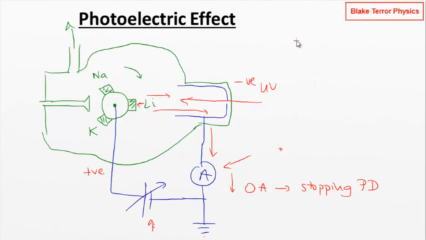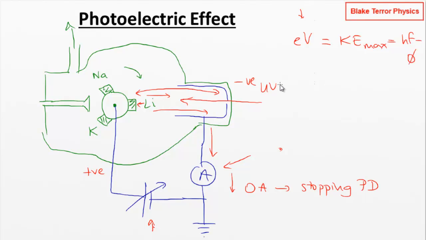Because our stopping potential means we've got E times V. That's how much energy they would have to have in order to overcome this potential difference between the metal surface and the metal plate that they're trying to reach. So E times V is the energy required to overcome it, and that is going to be equal to our KE max, which is equal to hf minus the work function.